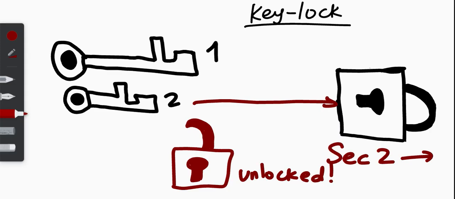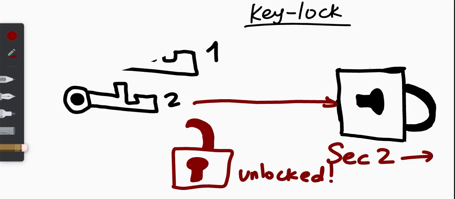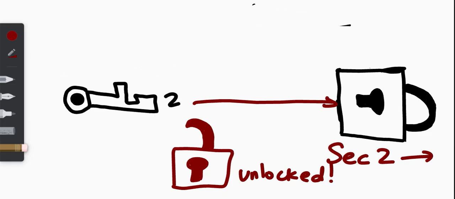Alright, so that's it for this key lock activity. Now you know that key 1 doesn't go into a lock, but key 2 fits into a lock, and therefore it is unlocked. Alright, you're moving on to sec 2.